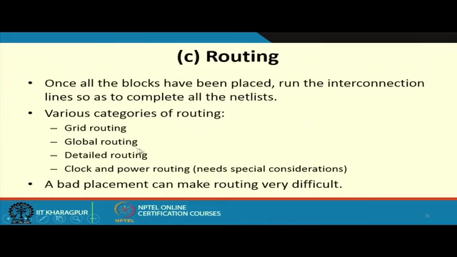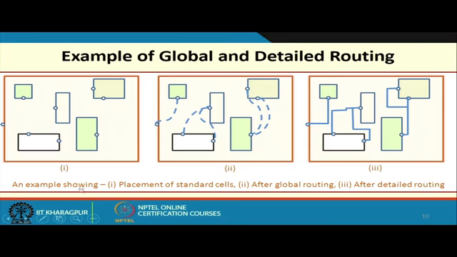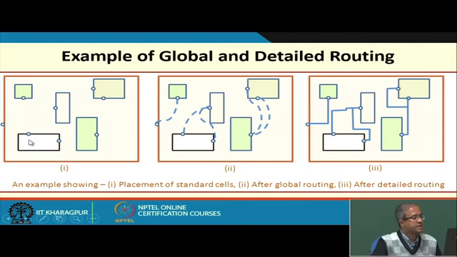Now, in addition to this, there are global routing and detailed routing problems. I can give an example here. Suppose there are blocks out here, some pin locations are shown, they have to be connected in some way. The second diagram shows the result of global routing.